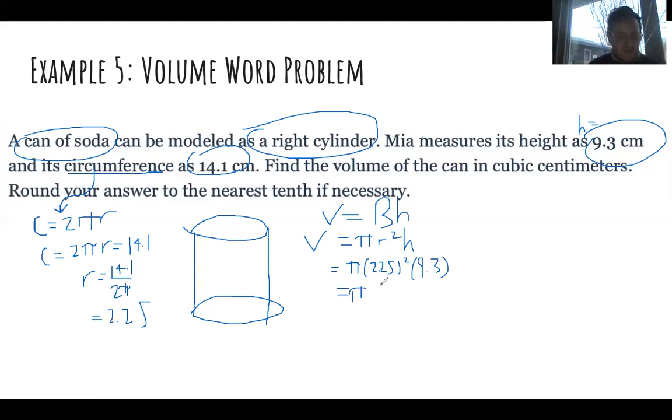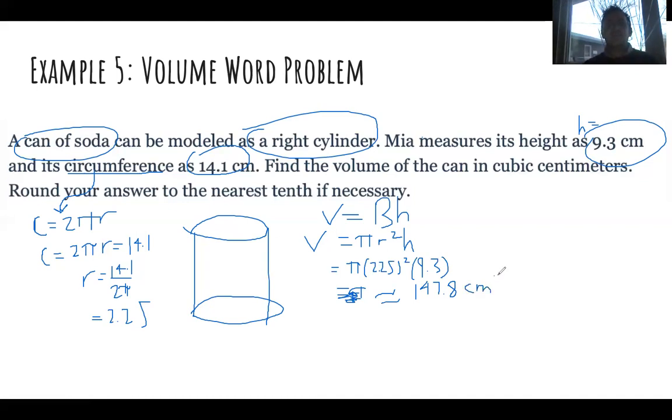I got 2.25 times 2.25, so that's squared, and then times pi, and then times 9.3. And you'll get something approximately equal to 147.8. And that's in centimeters cubed.